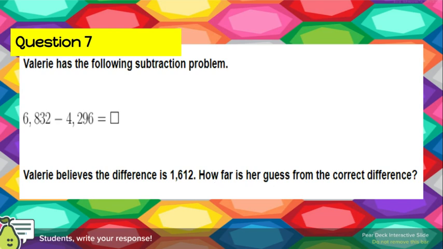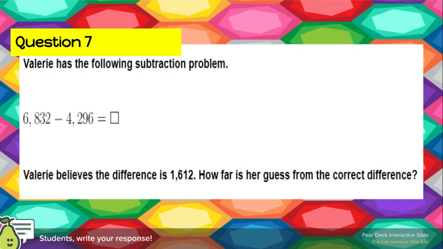So the answer that Valerie came up with, 1,612, they're telling you that is wrong. So you have to find the correct answer when you subtract 6,832 minus 4,296. Then you have to find the difference between the correct answer and Valerie's answer. You need to find the difference between the 2 answers.